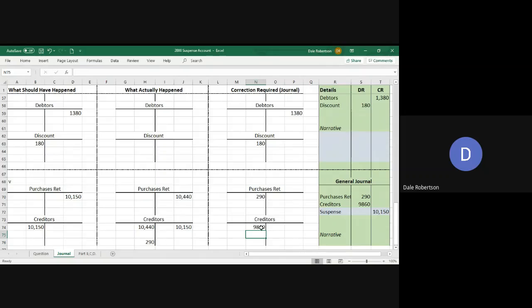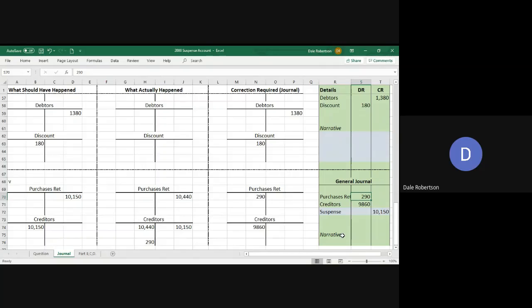We need to add that on. You enter in both of those corrections in here, and you'll find that you will need a suspense of 10,150 on the credit side to balance it against the two entries that we have on the debit here. The narrative is the correction of purchase returns recorded incorrectly.